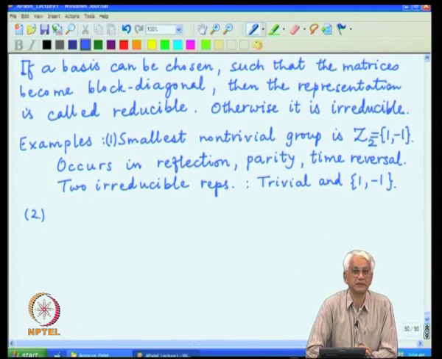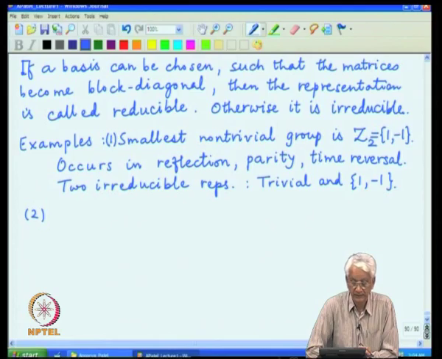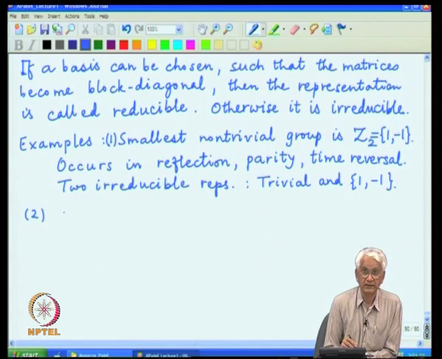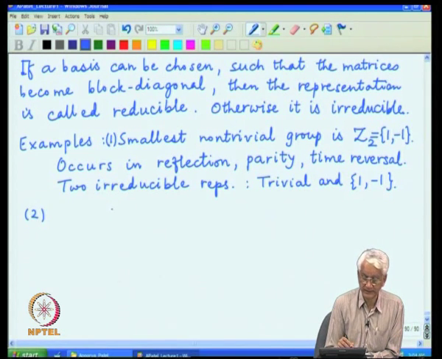And then one can talk about many other operations which may occur with a finite set of objects or an infinite set of objects.